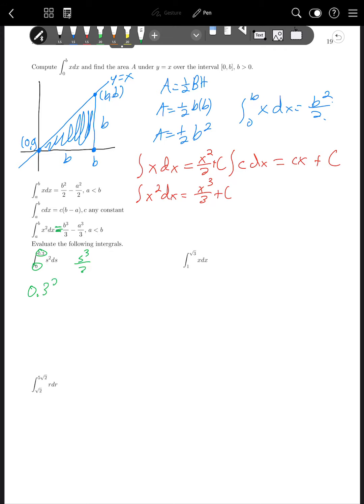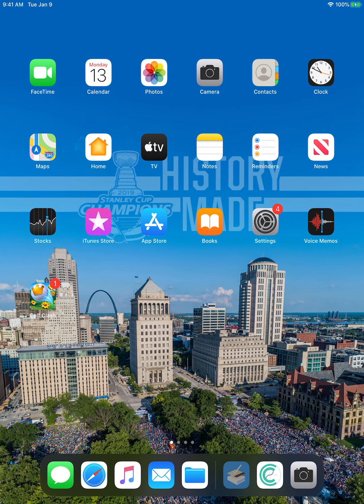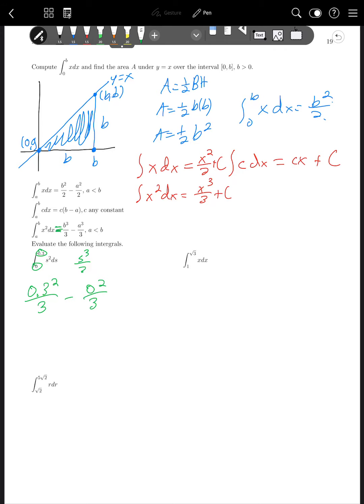So this would be 0.3 cubed over 3 minus 0 cubed over 3. And then we can plug that in our calculator if we want, or we can do it by hand. 0.3 cubed is 0.027 over 3 minus 0 over 3. So this is going to end up being 0.009.